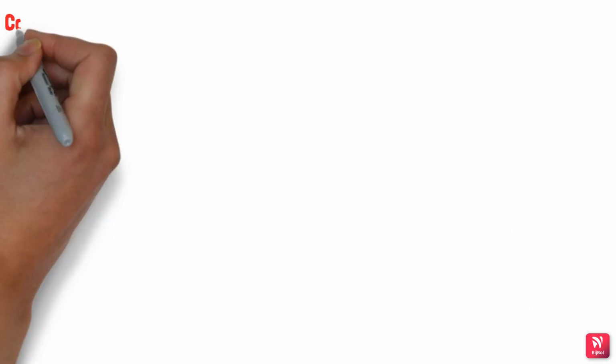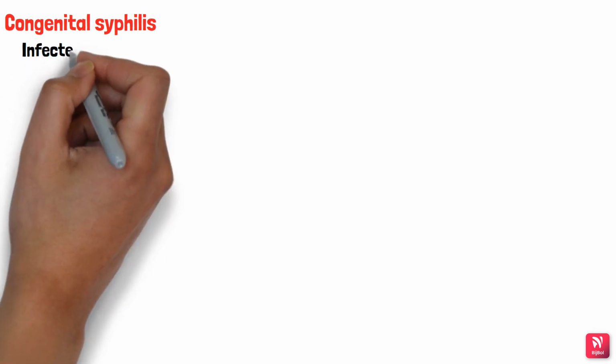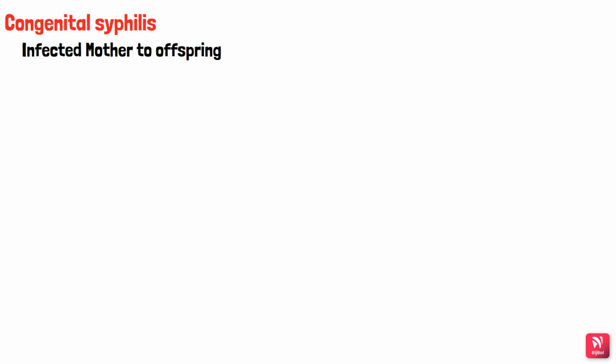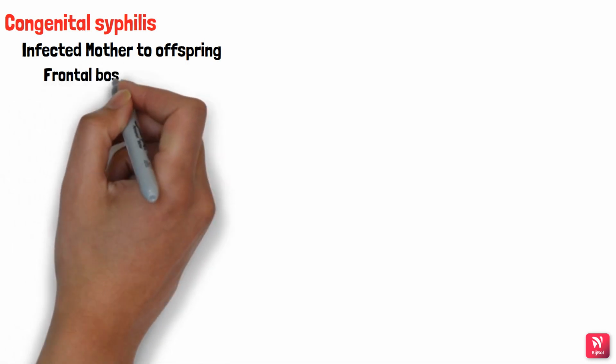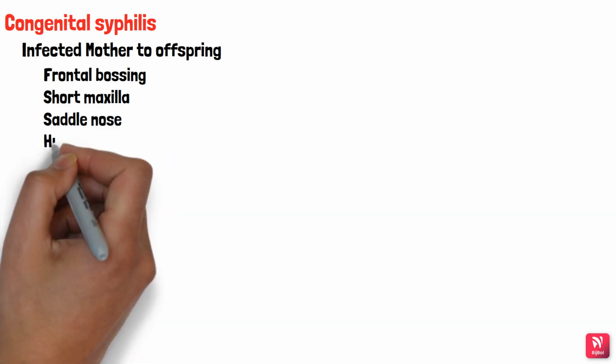Now let's see another form of syphilis, congenital syphilis, which is because of transmission from an infected mother to the offspring. What are the features seen in infants in congenital syphilis? Frontal bossing, short maxilla, saddle nose deformity, high palatal arch and mulberry molars.